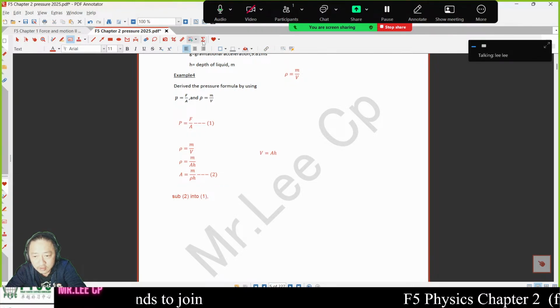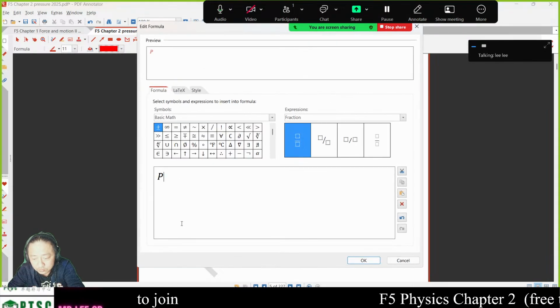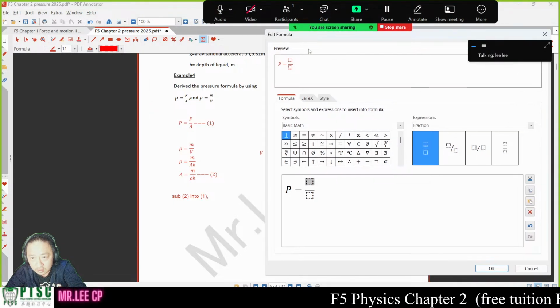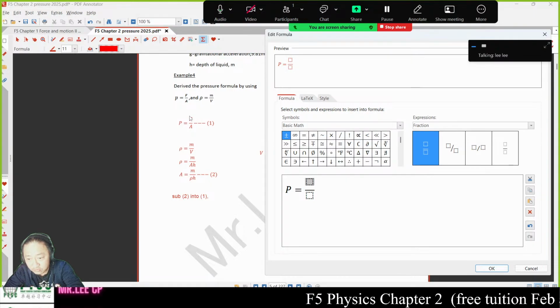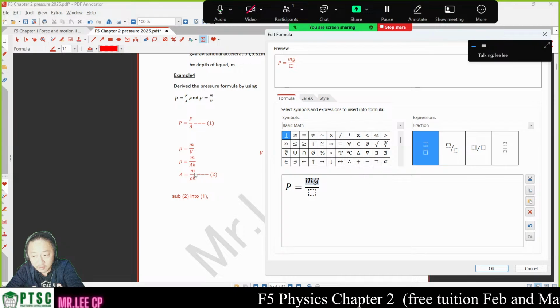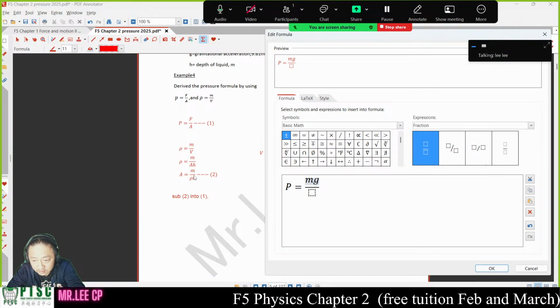So pressure is equivalent to force over area. What is force? We know that it is mg. So now this is over the area.